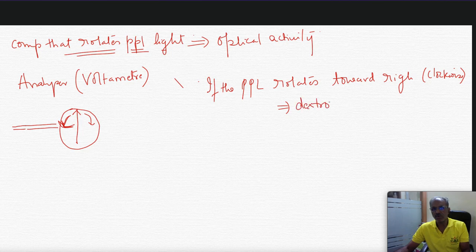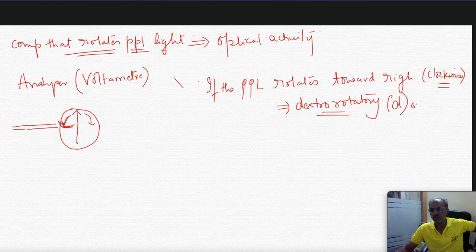The compound is dextrorotatory. If the compound rotates the plane polarized light in the right direction, that is clockwise, then it is known as dextrorotatory, which is indicated by d, or also by a plus sign. d or plus. If it is written d plus the name of the compound, then that means small d, not capital D. Small d is known as dextrorotatory. Or you can also write plus.